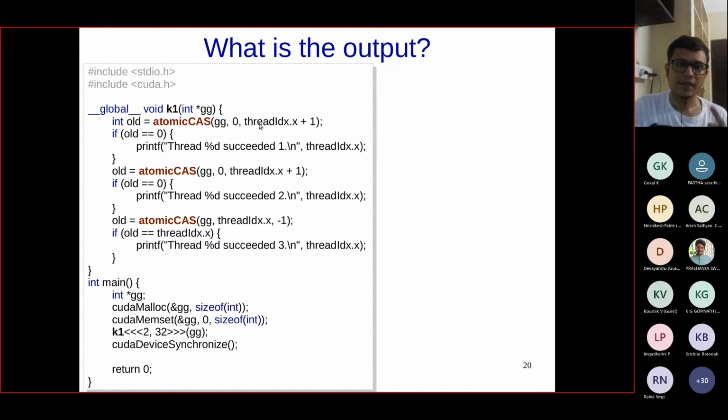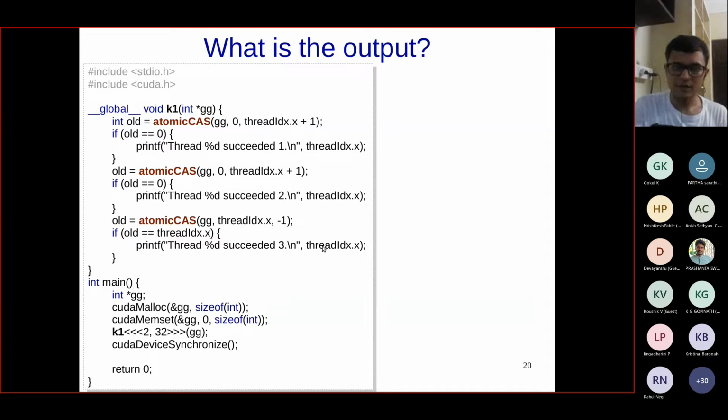In that case, the value of GG will be set to threadIdx.x plus 1, which is 31 plus 1, since IDs go from 0 to 31. So GG will be 32, and no thread will have ID 32. So if that happens, no thread will enter this condition.